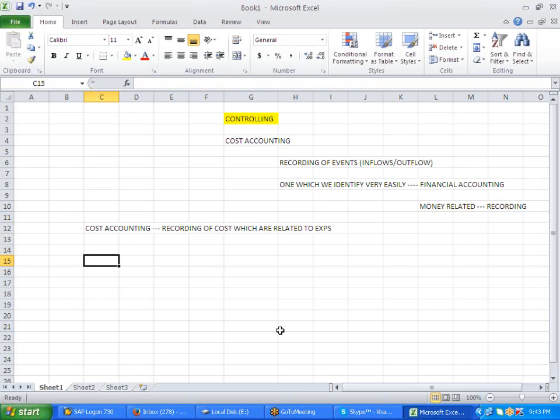Now let us further classify. When I said financial recording is related to money, when I'm talking about cost, it is only recording cost. But who requires to record only costs? What kind of an organization? What kind of organizations require to record costs?